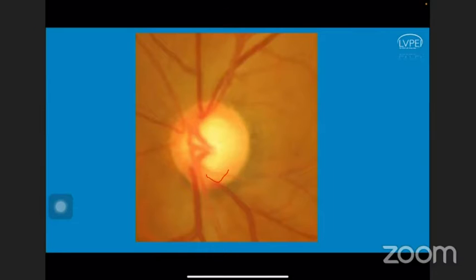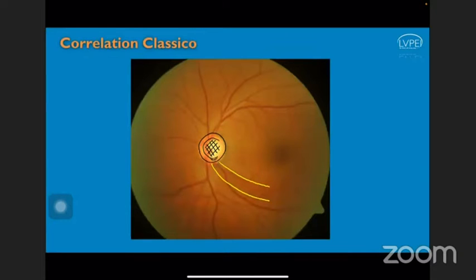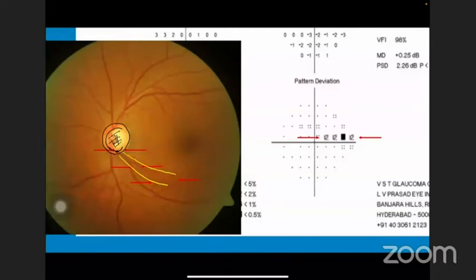So we typically mark the cup with a hash kind of a thing, and excavation as shown here with the dots. But it's not only important to zoom in and look at the disc, it's also very important to look at the nerve fiber layer defect. And we can clearly make out that there is a nerve fiber layer defect inferior temporally, and that is correlating with the excavation that was seen earlier.